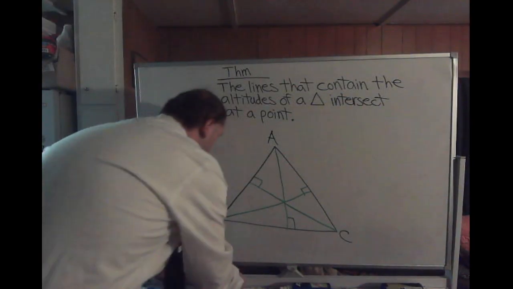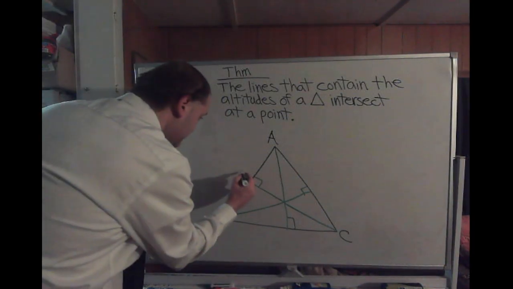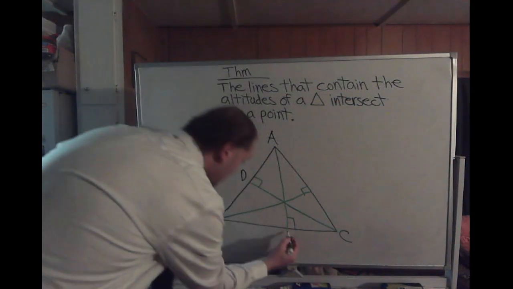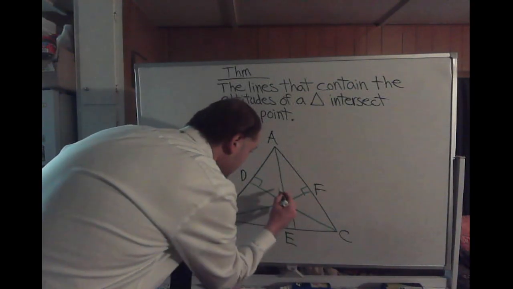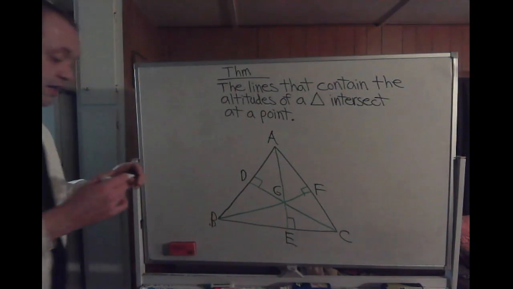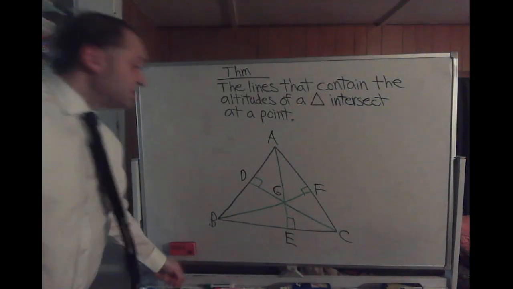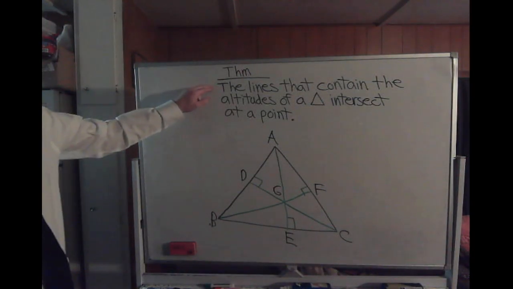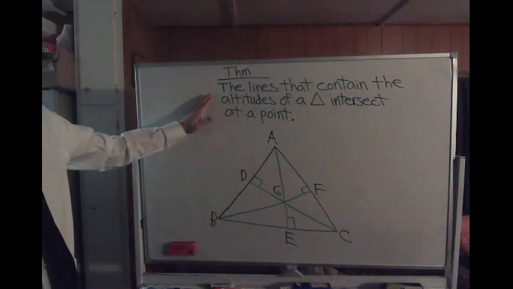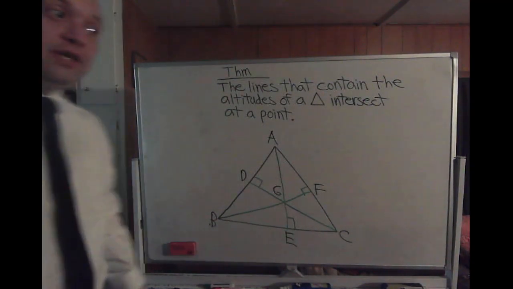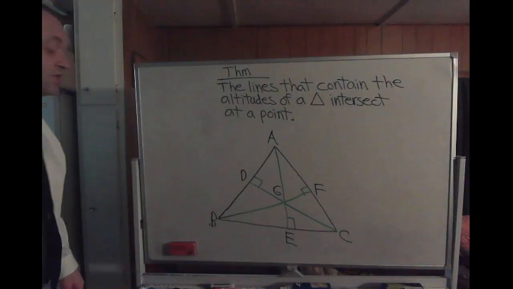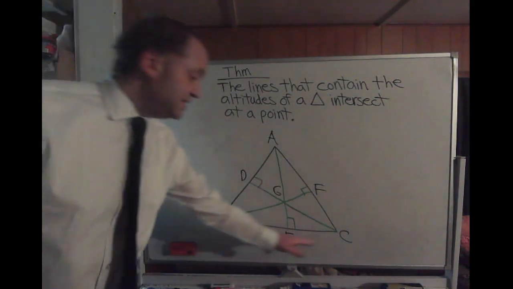Let's see, I will label each of these points, and point G is where they all meet. Okay, so this theorem states that the lines that contain the altitudes of a triangle intersect at a point. Well, that almost seems like no duh. Really? You figure? So again, we have triangle ABC.